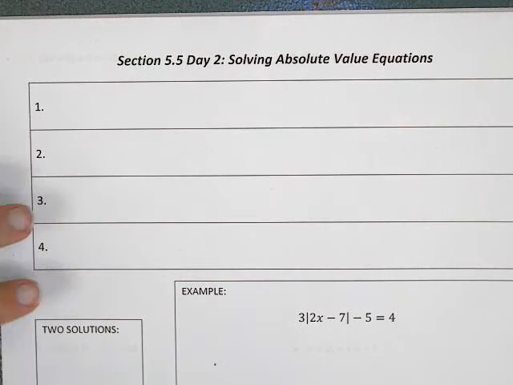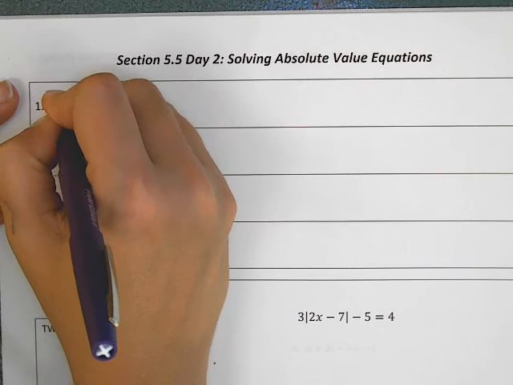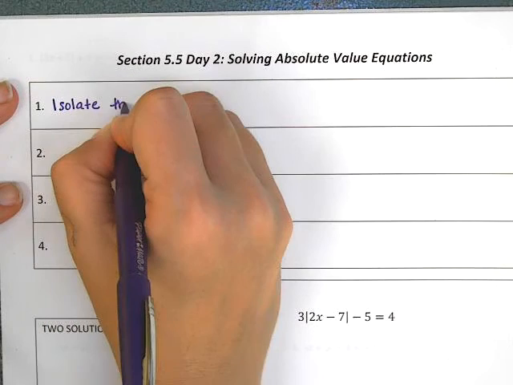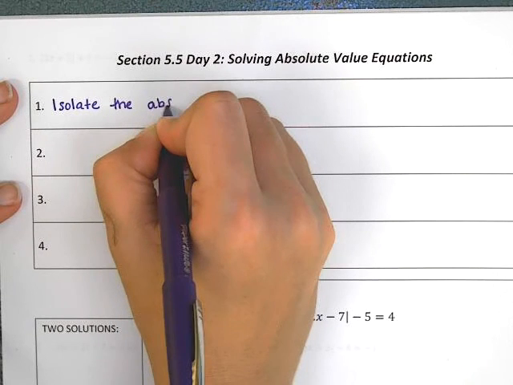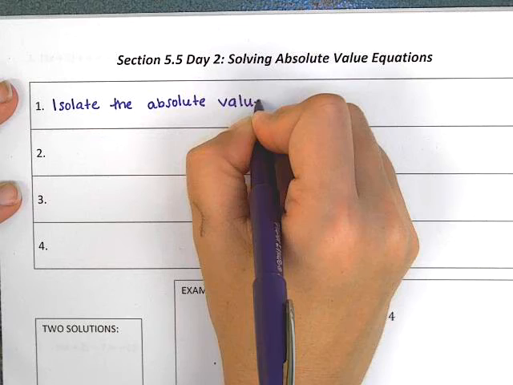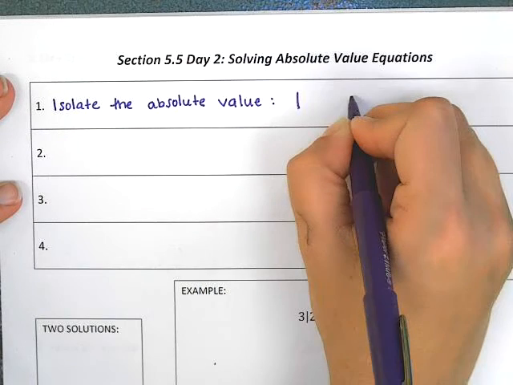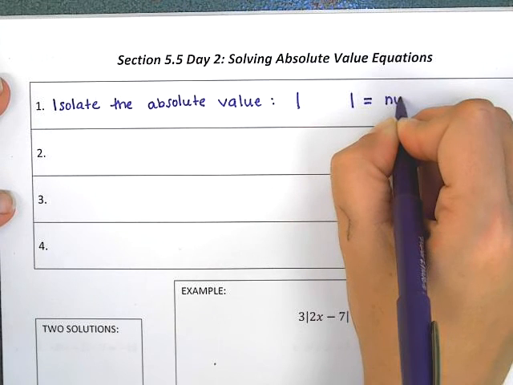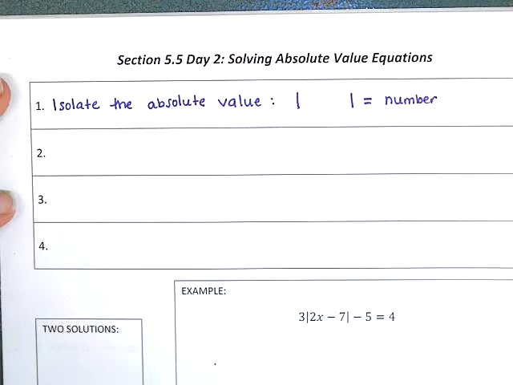The first step is always to isolate the absolute value. In the end, you always want the absolute value on one side and a number on the other side.